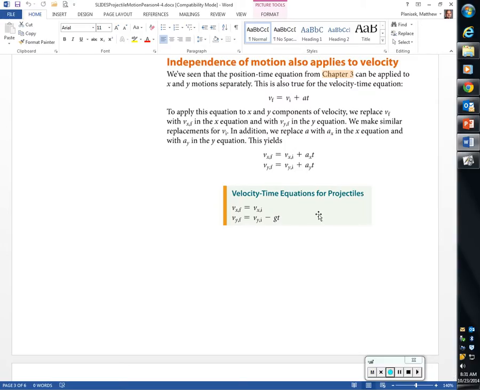Any one of them still applies to this motion, okay? So as long as we can find v initial in any one of these equations, we're good to go to find what we need to find.